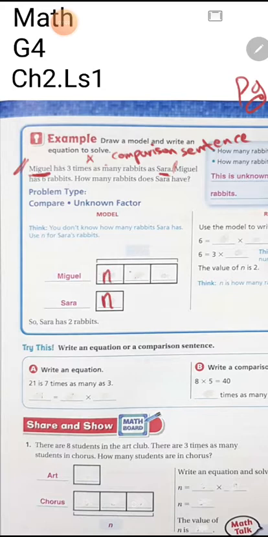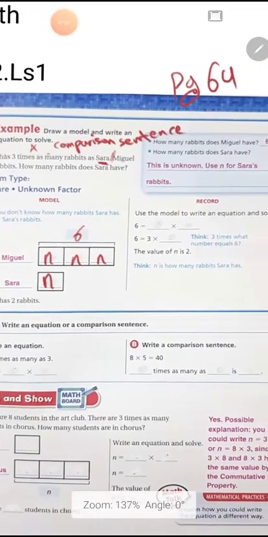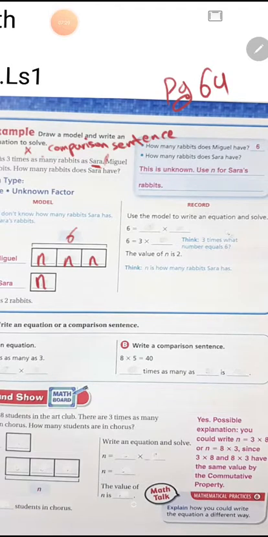So I have to repeat it 3 times like this. This is the model that describes the comparison sentence. I know the number of rabbits with Michael equals 6. This is the known number.